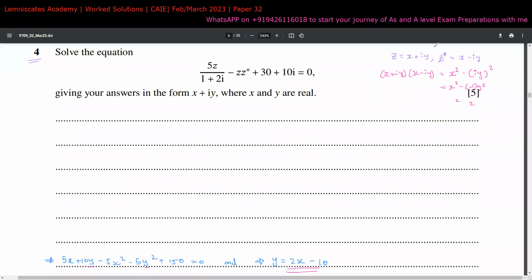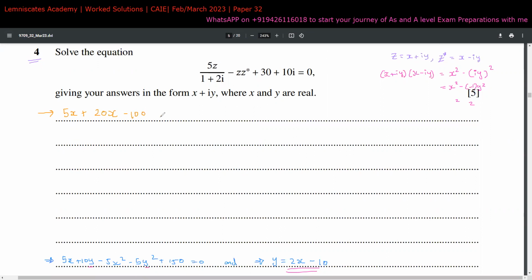So what do we have? 5x plus 10 into 2x is what? 20x. So that's 20x. Then 10 into minus 10 is basically minus 100.